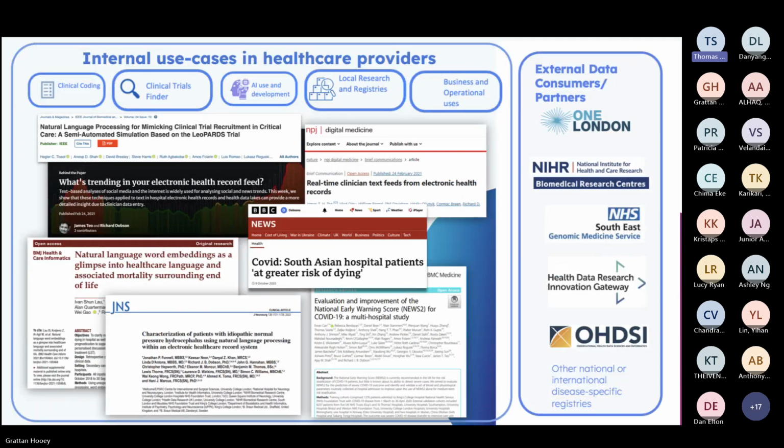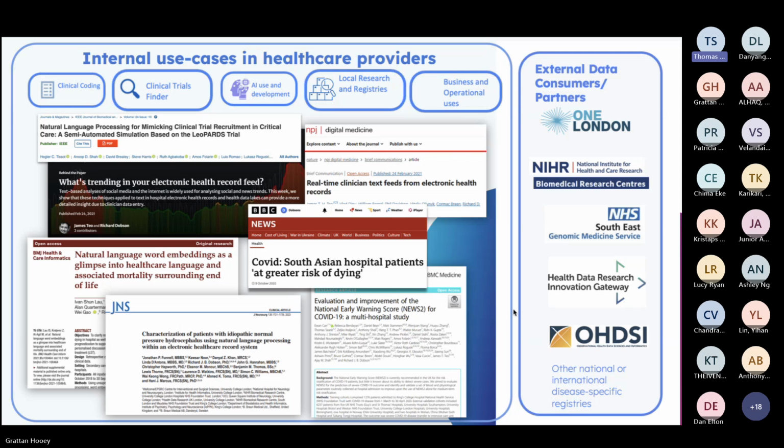So this kind of unlocked many applications, many opportunities, which included internal use cases, so around clinical coding, for example, routine hospital functions, around finding people for trials, around populating local registries for research programs, as well as business and operational users.